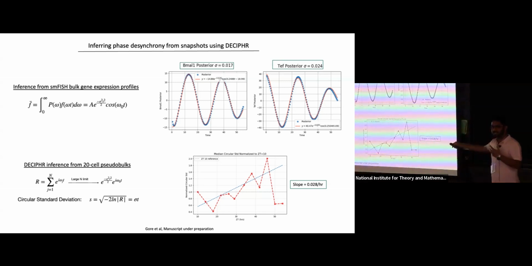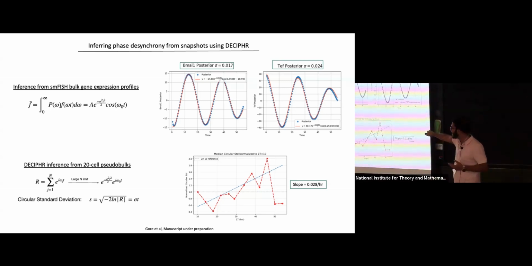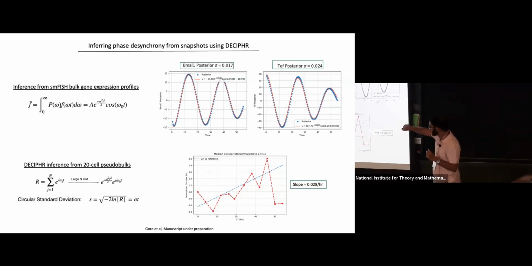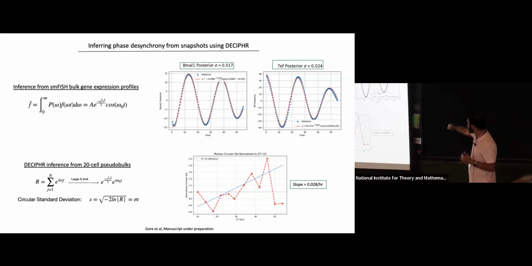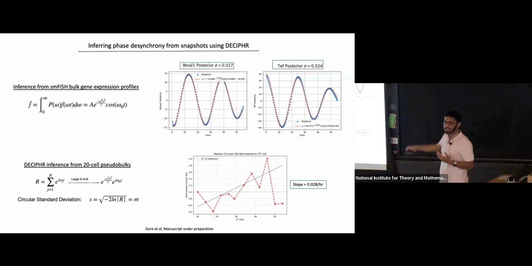And then we asked, can we actually get these numbers out from our single cell analysis, right? And again, what we found is only after we do this kind of pseudobulking, and we use this decipher method that I showed you before, we can calculate the circular standard deviation from each of these ZT time points, and we can see that the slope of this line, which is expected to go as sigma t, gives you an independent measure of sigma, and it nicely matches the slopes that we had from the gene expression measurements, okay?